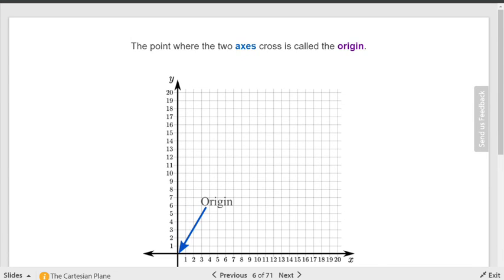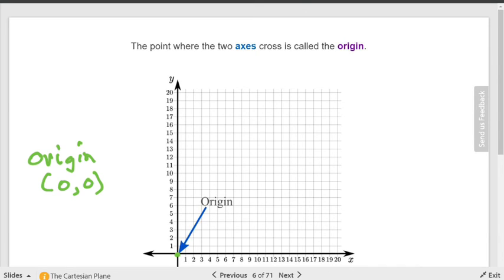Now again, the point where two axes cross. Axes is simply the plural for axis. That means both of them. They cross at what's called the what? Origin. And what do they both equal at the origin? 0. So the ordered pair for the origin then is 0, 0.